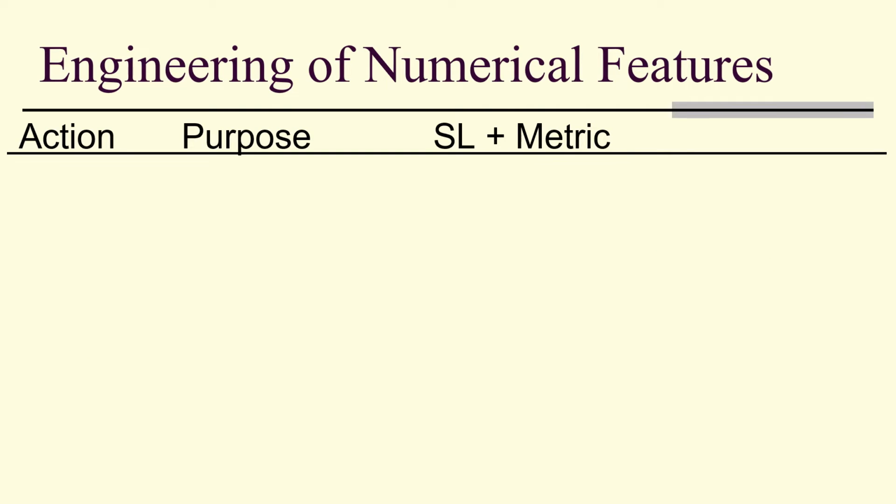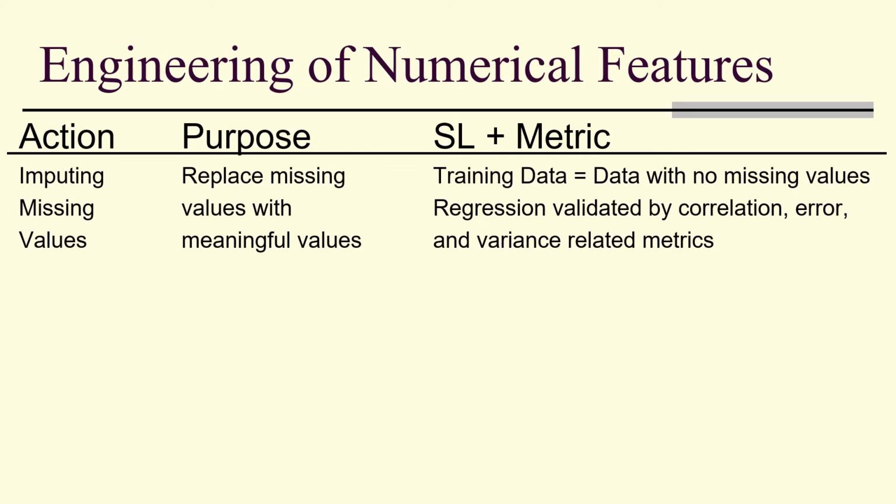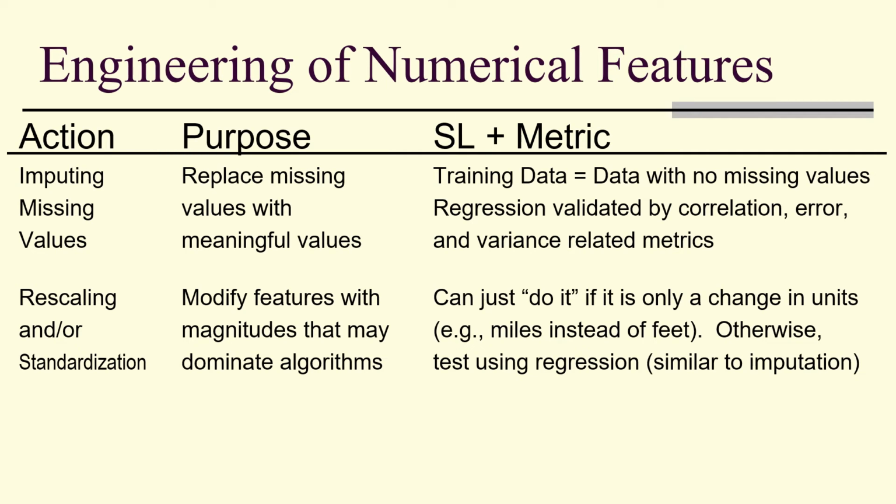So let's look at engineering of numerical features. For instance, when we're imputing missing values, we want to replace them with meaningful values. Then the supervised learning and metric: the training data had no missing values, with regression validated by some metric. If we did rescaling or standardization, what were we trying to do there? Modify features with magnitudes that may dominate algorithms.